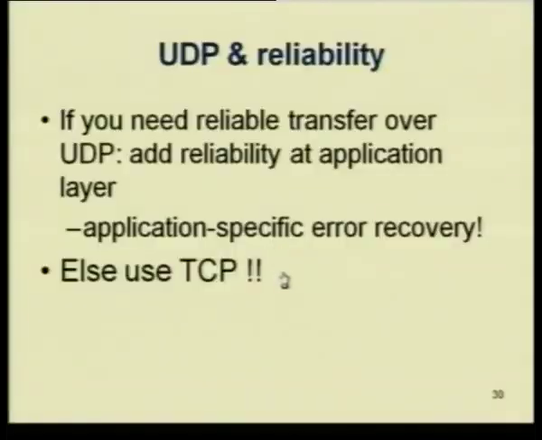So this is how UDP can be made to work. Even if you need reliability, you provide the reliability at the application layer. Otherwise, of course, if you want reliable delivery of data and you do not want to do application specific error recovery, then you will have to use TCP. So this is basically where UDP stands with respect to TCP.